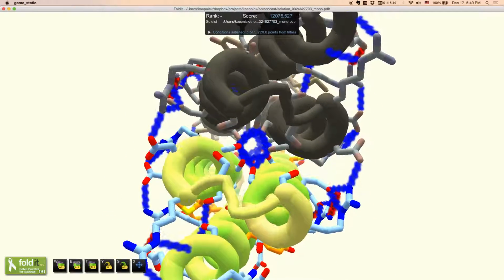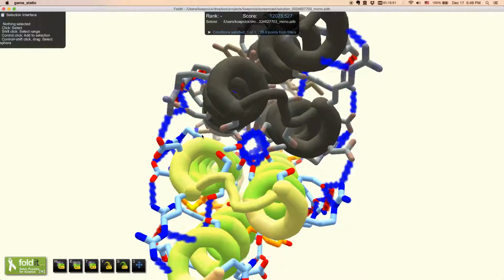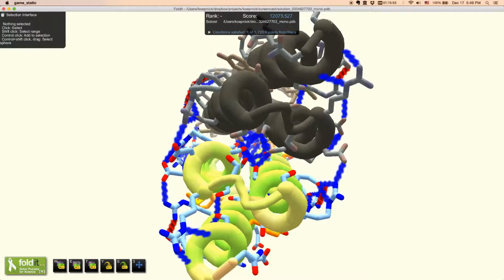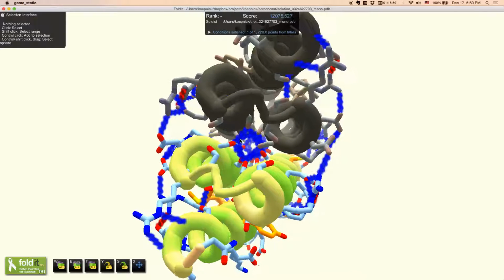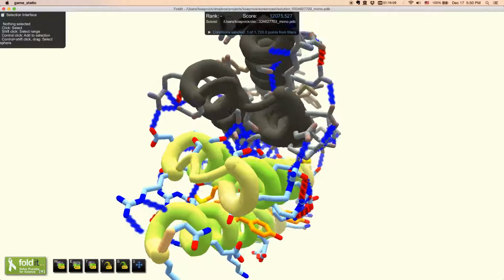So again, this is not something that we're terribly interested in. Maybe if we could design away a couple of these hydrogen bond networks with some nonpolar hydrophobic residues, we could improve this design a lot.